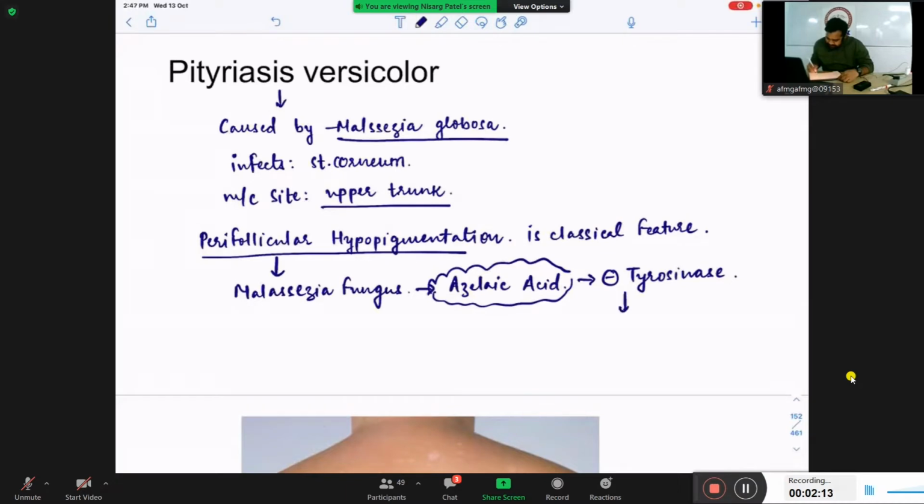Because the tyrosinase enzyme is inhibited, the patient will have a hypopigmented lesion.